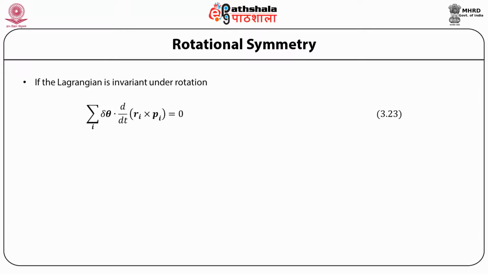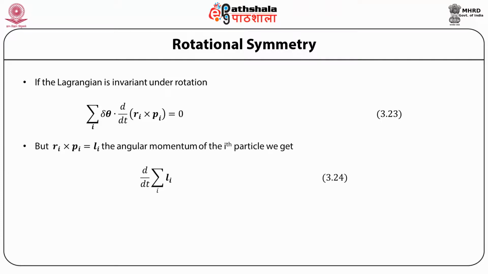Now, if the Lagrangian remains invariant under rotation, then δL is equal to 0. It remains invariant under arbitrary rotations, so δθ is arbitrary. So that would mean that the sum over i of d/dt of rᵢ × pᵢ is equal to 0. But what is r × p? r × p is the angular momentum.